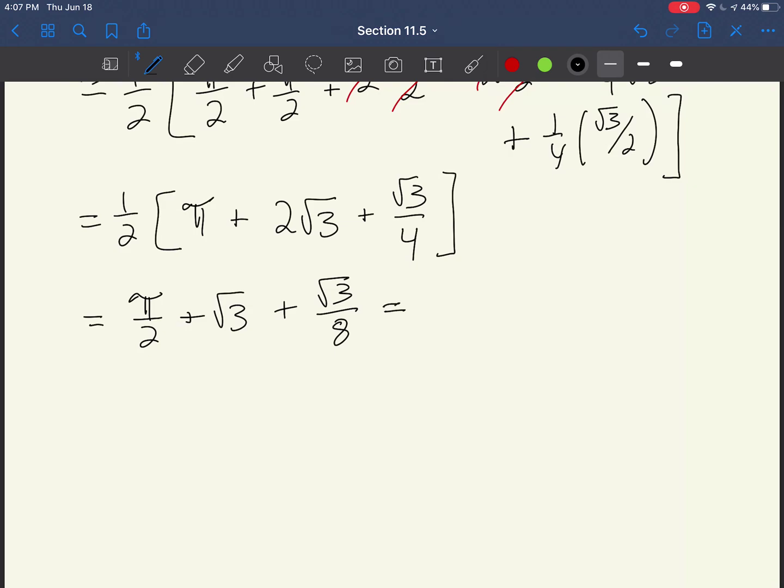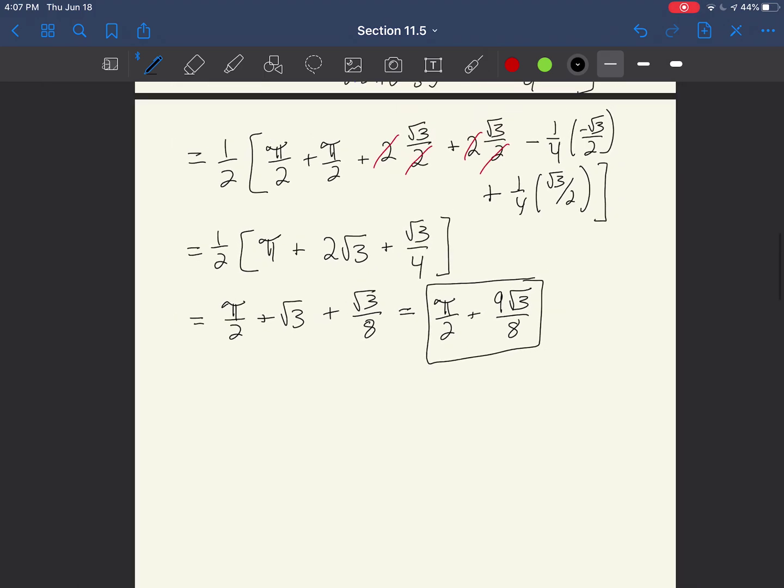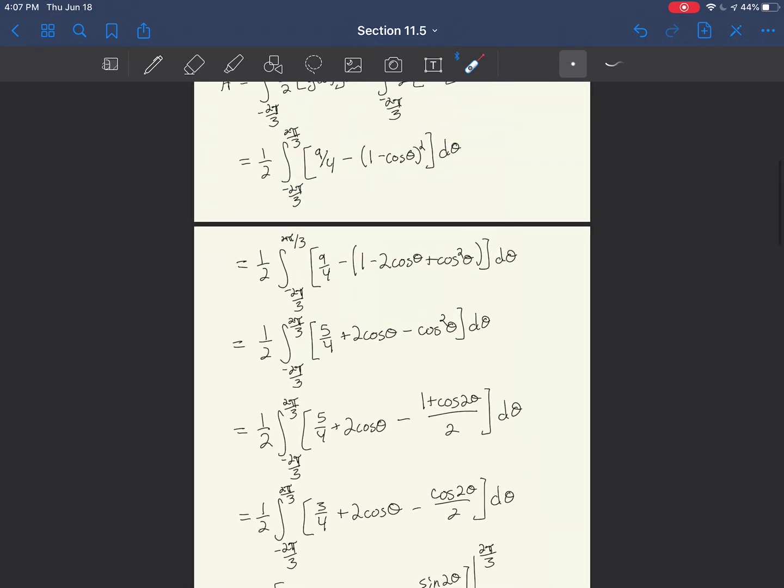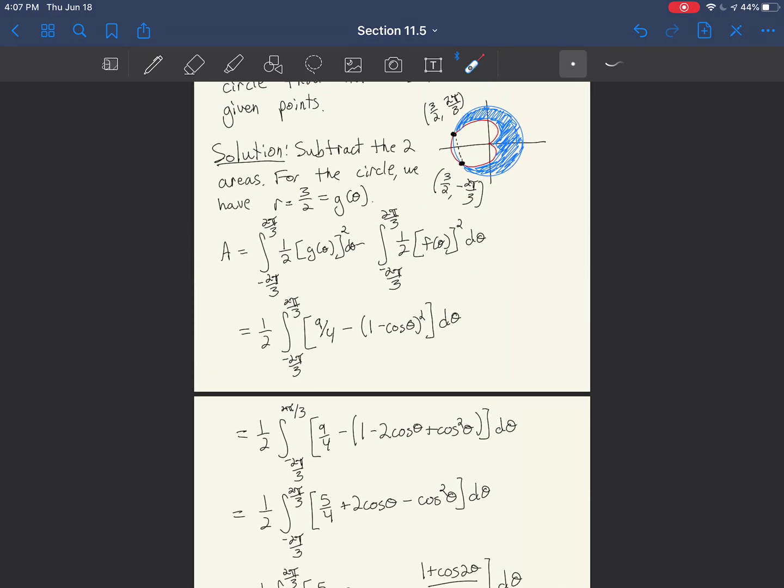Distribute the 1/2. This is pi over 2 plus root 3 plus root 3 over 8, which is pi over 2 plus 9 root 3 over 8. So that area that we started 45 minutes ago is pi over 2 plus 9 root 3 over 8.